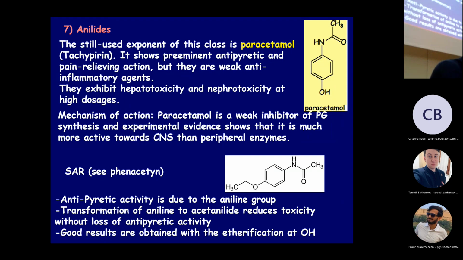There are still two classes of the anti-inflammatory agents. Anilides. What means anilides? This term means amides of aniline.